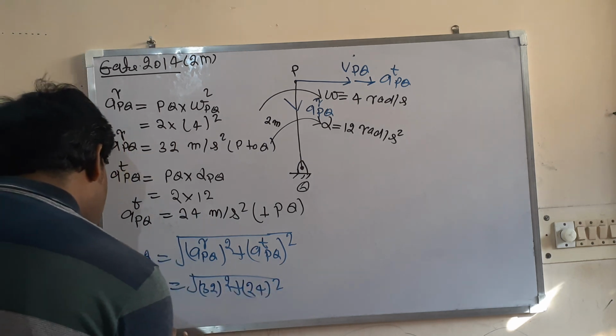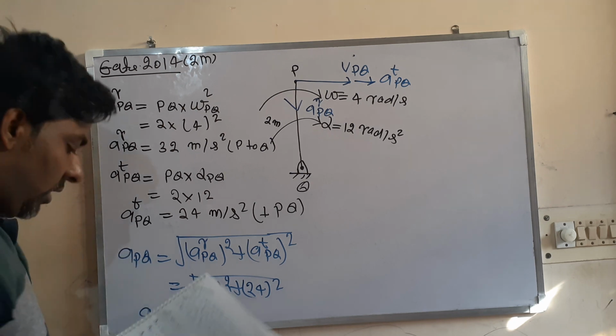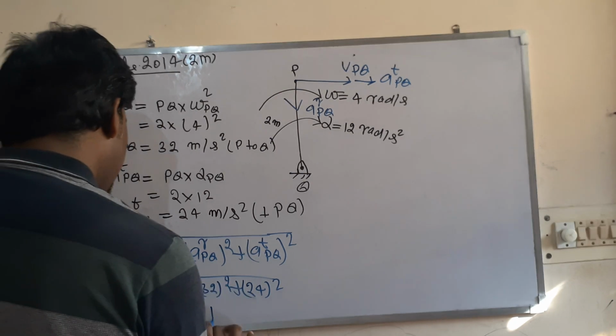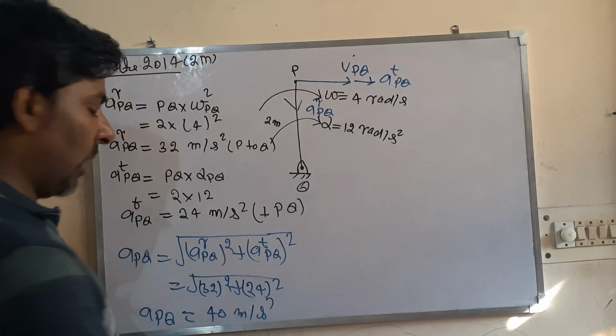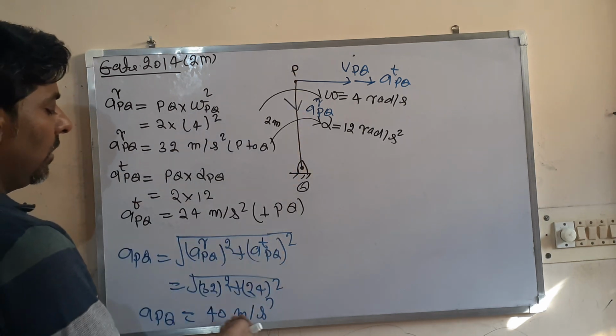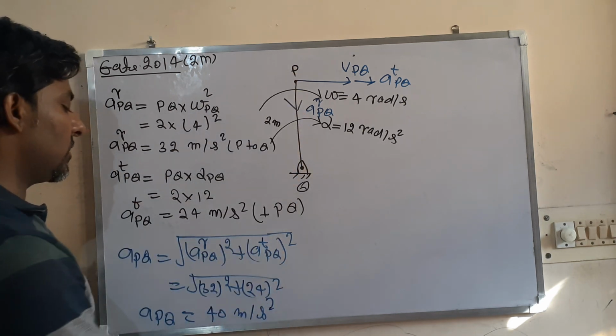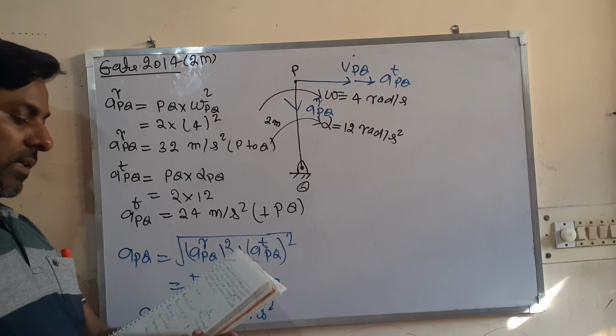When you solve it, you will get the acceleration of point P with respect to Q equal to 40 meter per second square. So the resultant or total acceleration of P with respect to Q will be 40 meter per second square. That is the final answer.